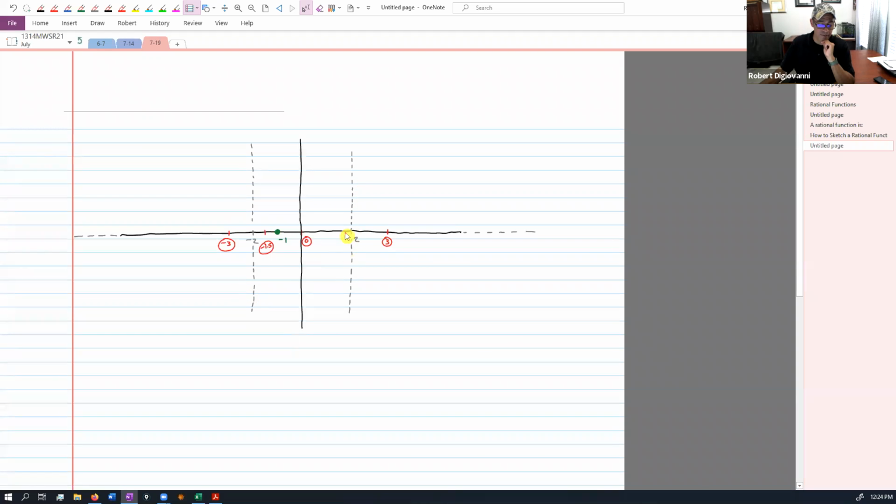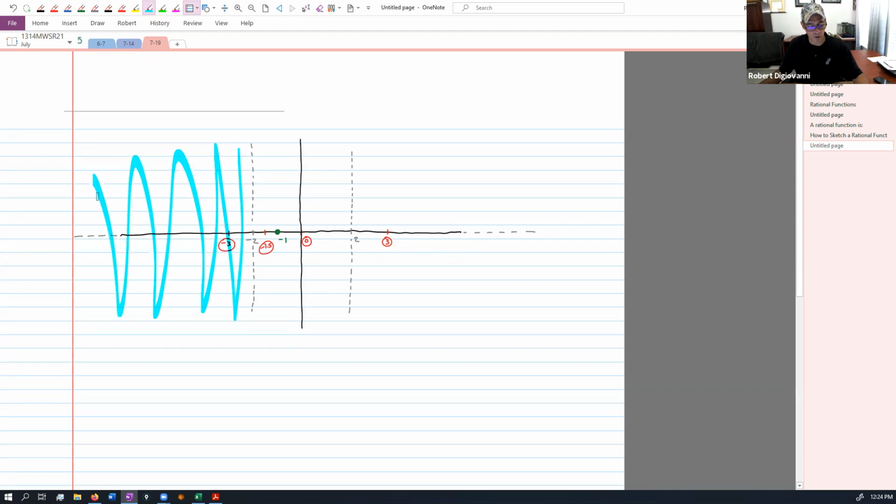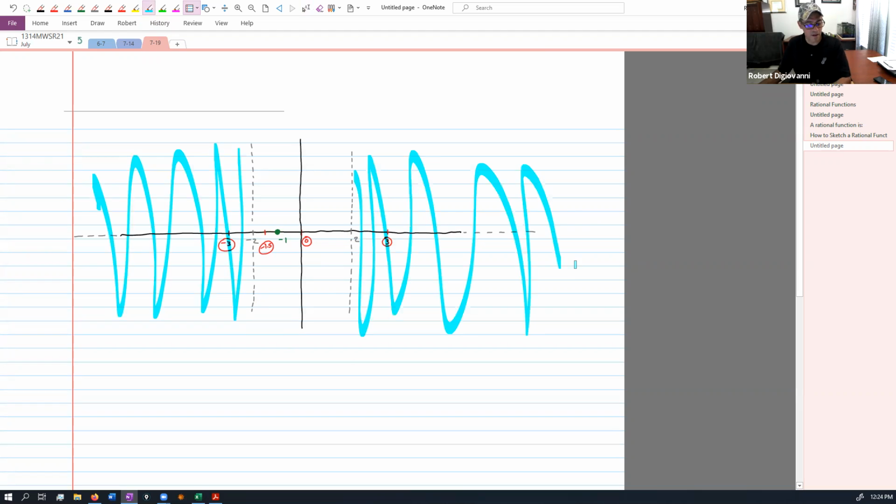Same with the right side of this one. I needed something over here to give me an idea of what the graph looks like. So I picked 3. If you want, pick 4 or 5 or 10 or 100. It doesn't matter, just as long as it's to the right of 2. So I'm going to have a test point over here and a test point over here. Now I need to know what's happening in here also, but there's a dot in here already.